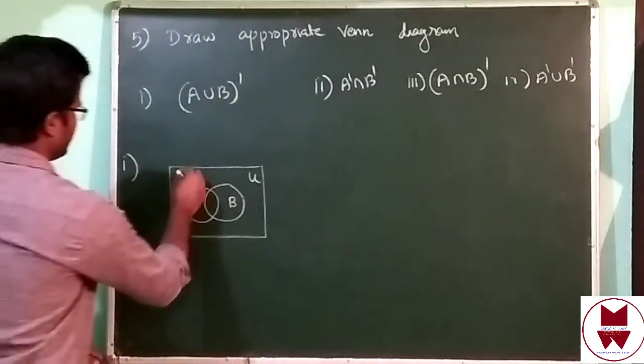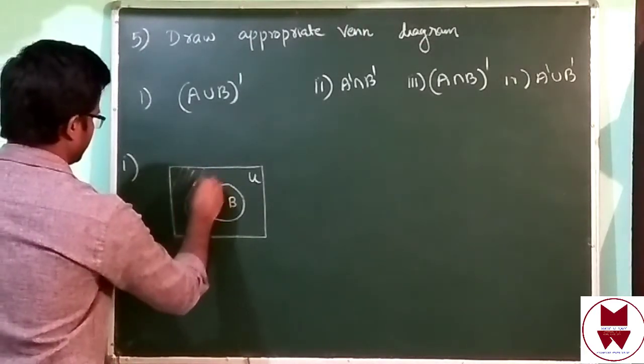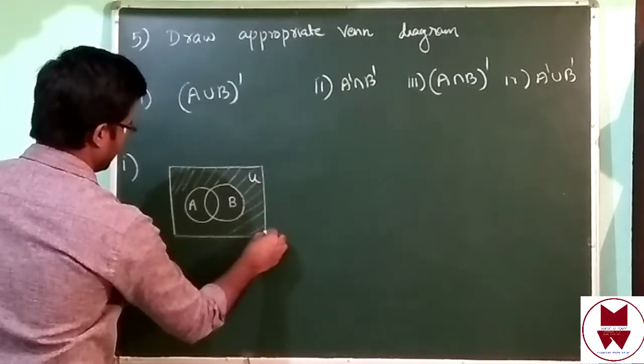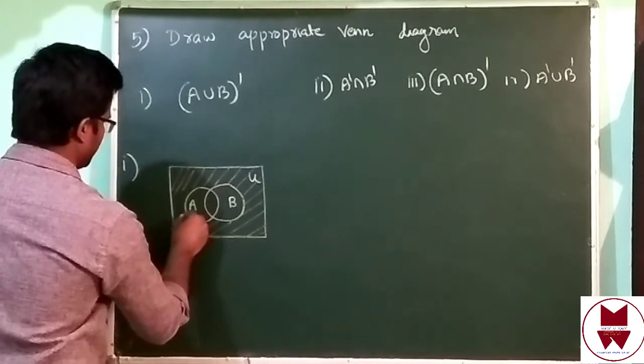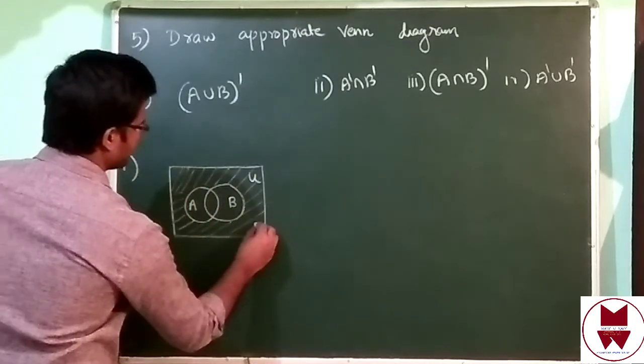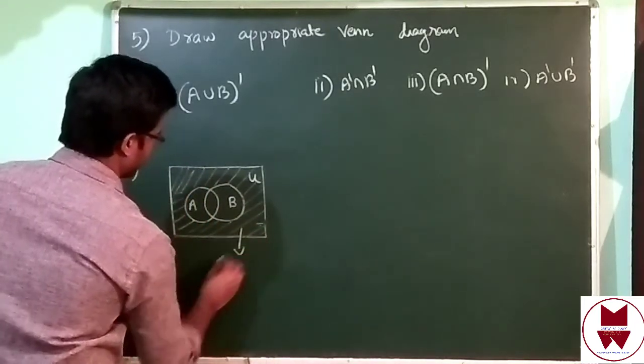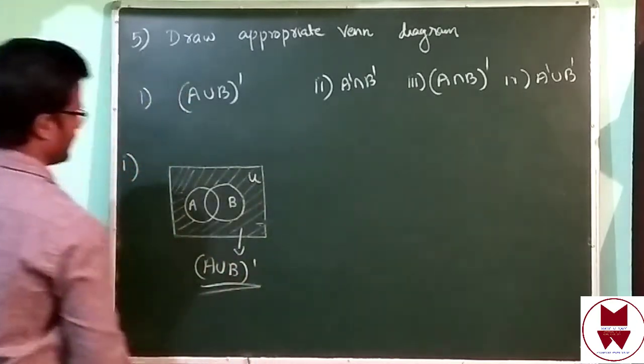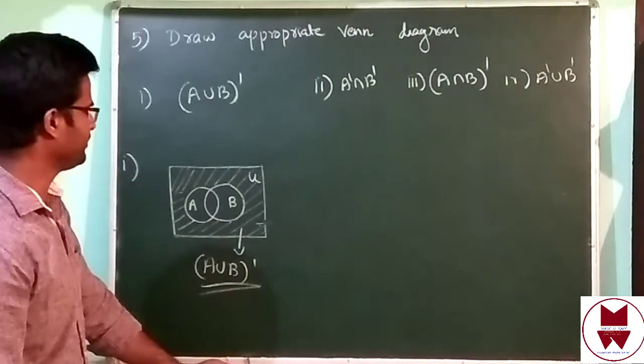Then complement means this outside region. Sets A and B we don't consider, and the remaining part is known as (A union B) complement. The shaded region is our answer.